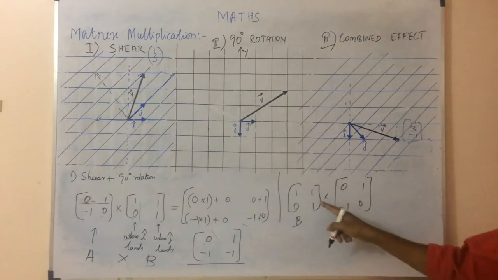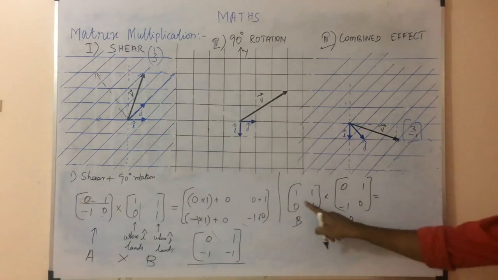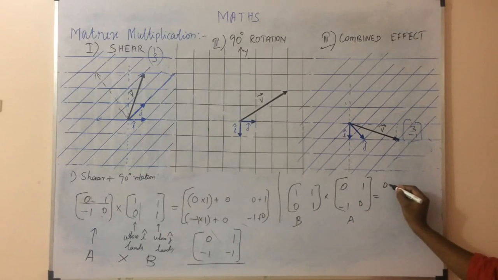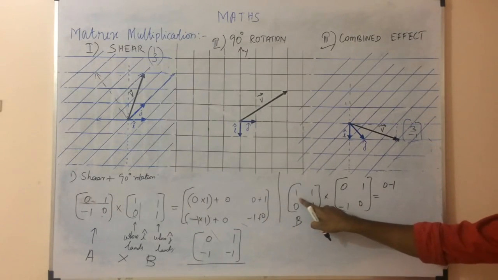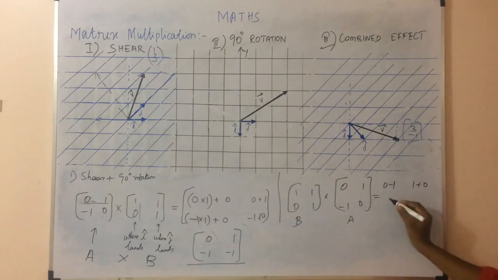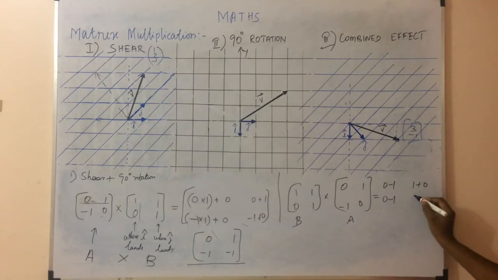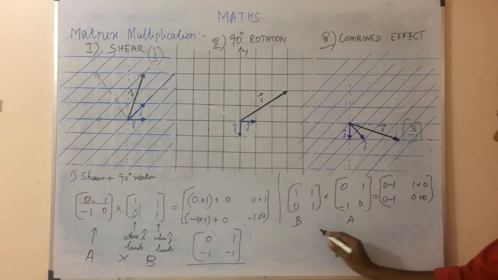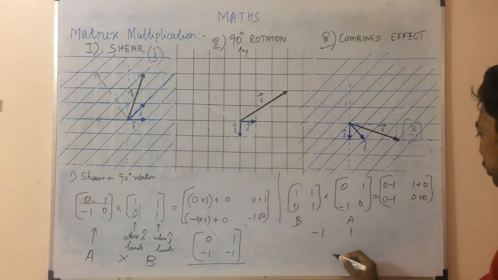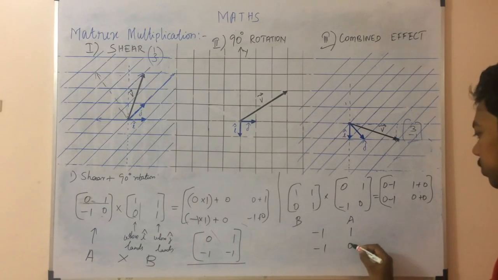Now I am doing the matrix multiplication. 1 into 0, 0, plus 1 into 1, 1 into minus 1, minus 1. Then 1 into 1, plus 1 into 0, then 0 into 0, plus 1 into minus 1, minus 1, 0 into 1, plus 1 into 0, 0. So here you will get minus 1, 1, minus 1, 0.